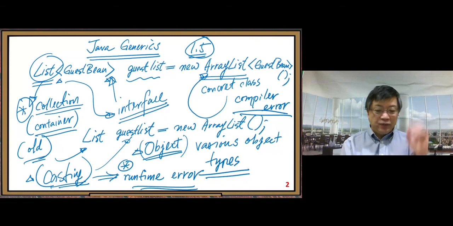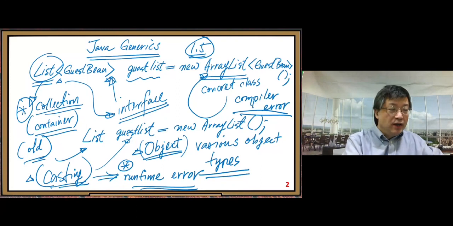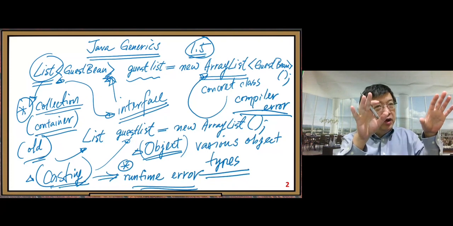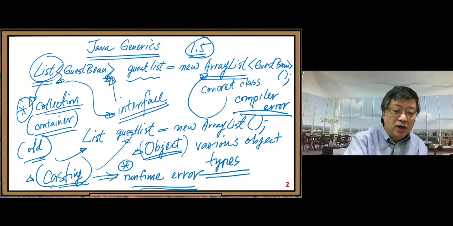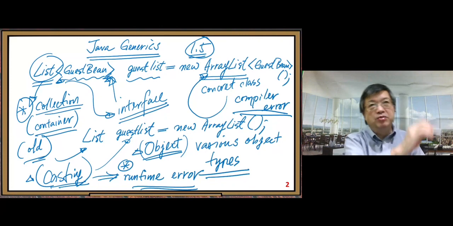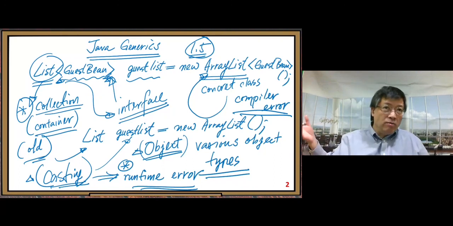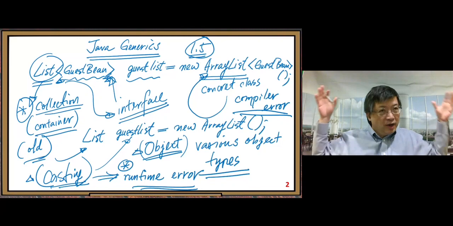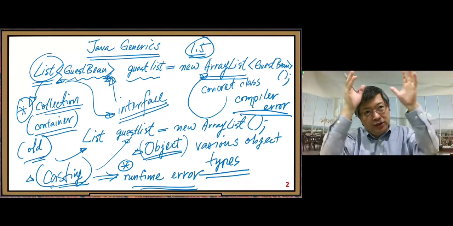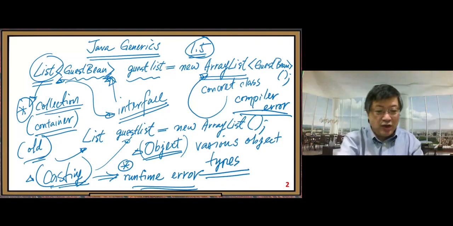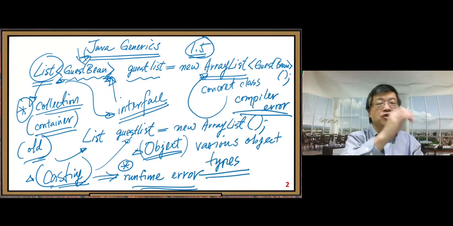All right, so now the idea. Java generics, created using this angle bracket, force you to place only this type of object in this list. You cannot use a different type. If you use a different type, the compiler will complain. So the compiler forces you to place all objects of this type into this list.